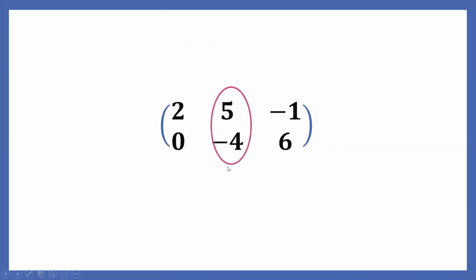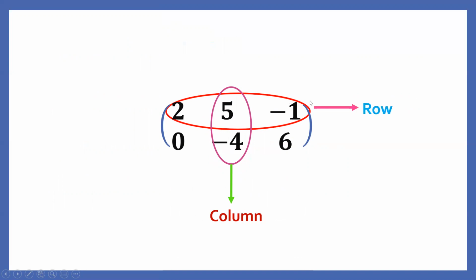So here, this is vertical and it is called a column. Here we have horizontal entries and we have a row. So I repeat, a row will be horizontal and a column will be vertical.